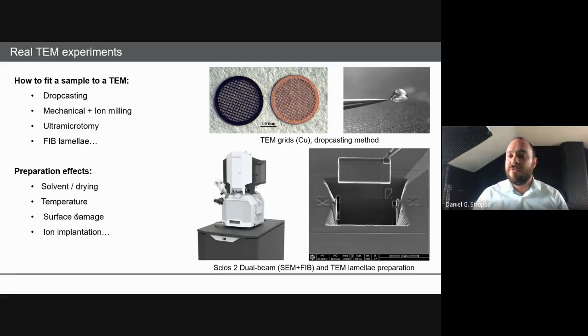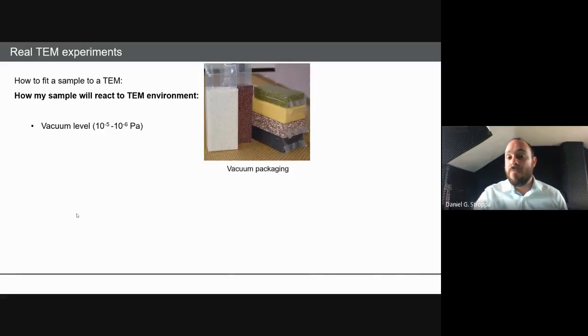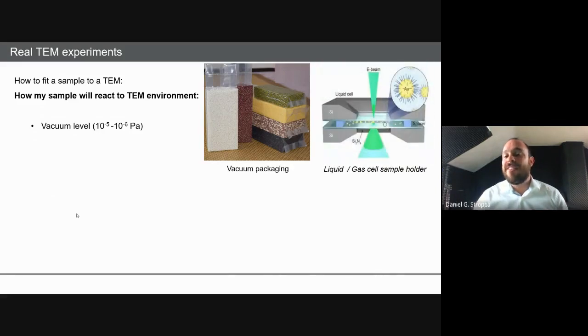I mentioned this before in very low level of detail. There are ways that you can put liquid inside the TEM, but it's just a thin layer of liquid because the electron needs to go through there. So there are some possibilities to go around, but you need to think that in the standard TEM, the sample is going to be in vacuum. And some samples can cope well with that, some samples not that much.